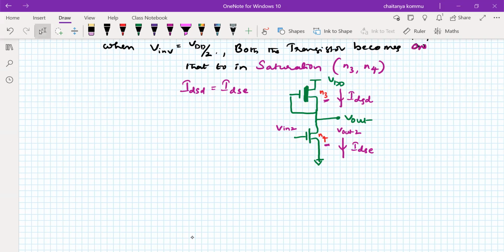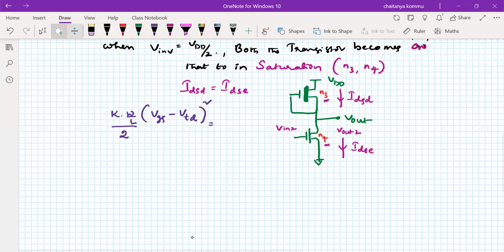The current equation for IDSE is equal to beta by 2, K into W by L into (VGS minus VTD)^2 by 2, where VTD is the depletion mode transistor threshold voltage.